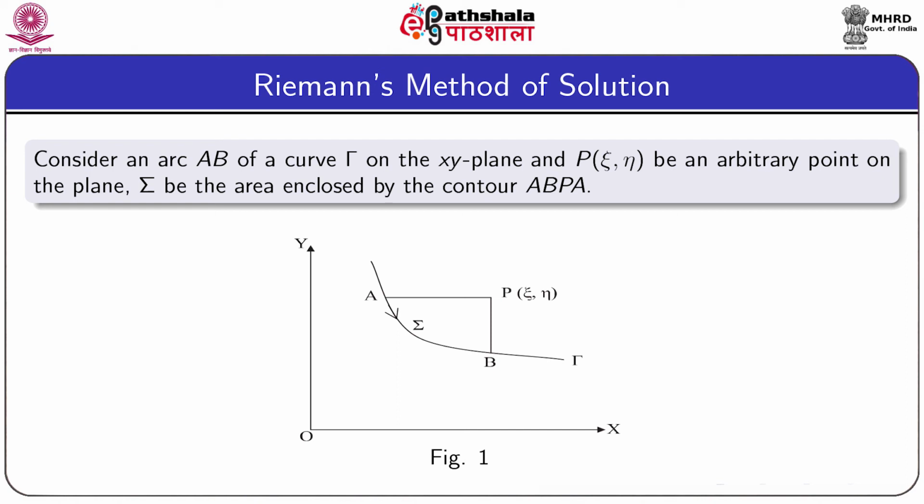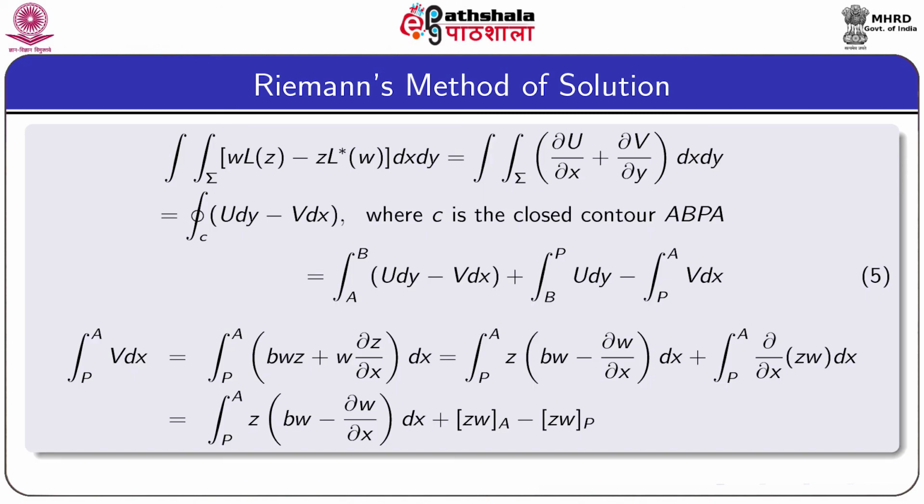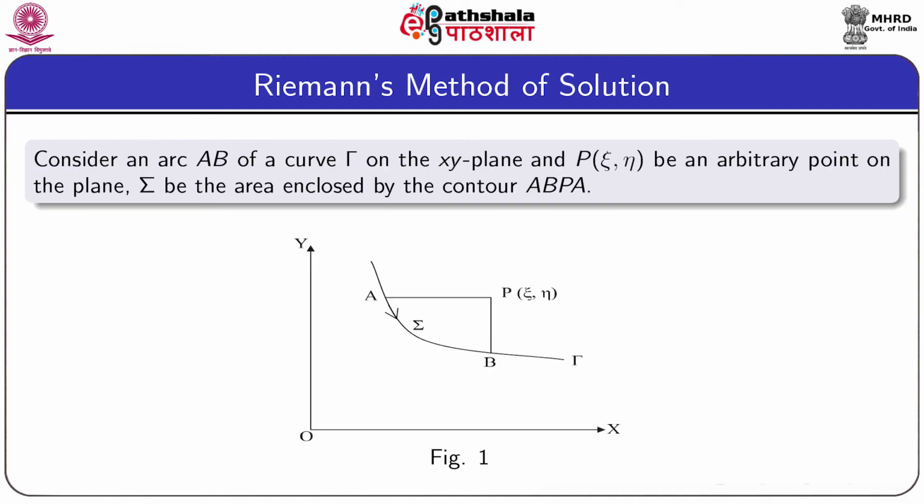Now this contour can be decomposed into 3 parts: one along the curve A to B, another part B to P, and from P to A. So, we are dividing the contour C into 3 parts: A to B of u dy − v dx, plus B to P. If you see the line B to P, there is no change of x, so dx equals 0 along BP.